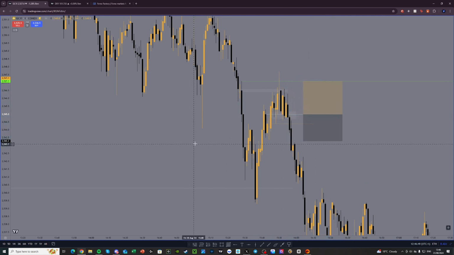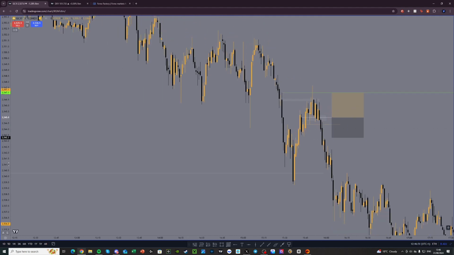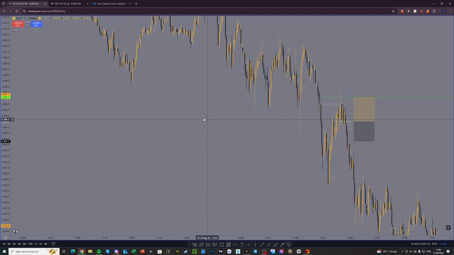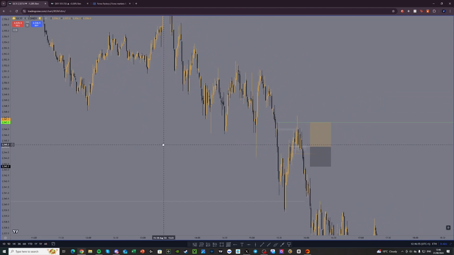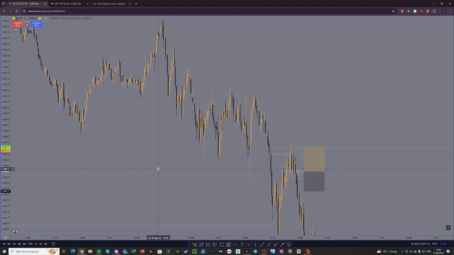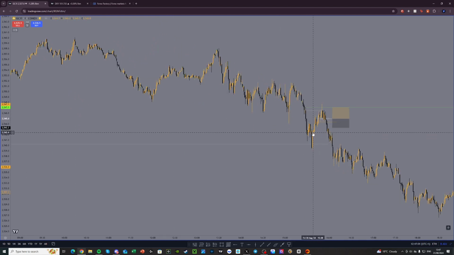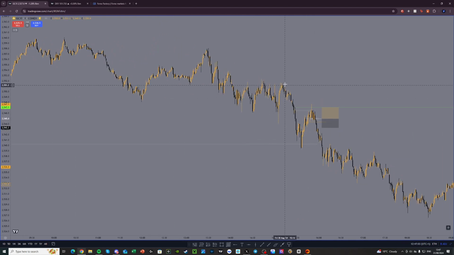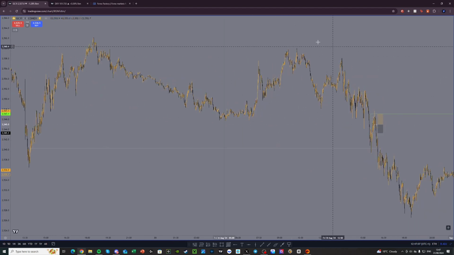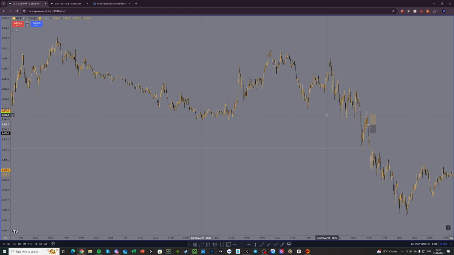I've always struggled to view the market in terms of far away profit levels. So some people would be looking to enter here, and they might be looking for these equal highs or these equal highs. And I was never able to find success with looking at those sorts of objectives.